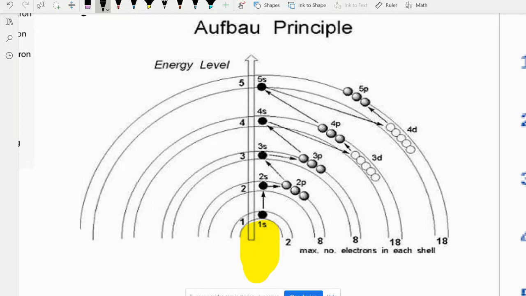You can almost think of this as a concert. You know, you want to fill everybody in on the first row. Once the first row is full, you want to get in on the second row, so on and so forth. And so when electrons are closest to the nucleus, they have their lowest energy state, but they also have the strongest affinity to the positive nucleus.